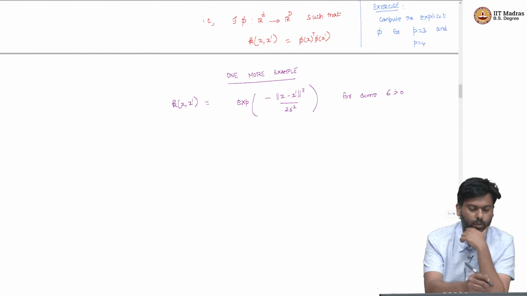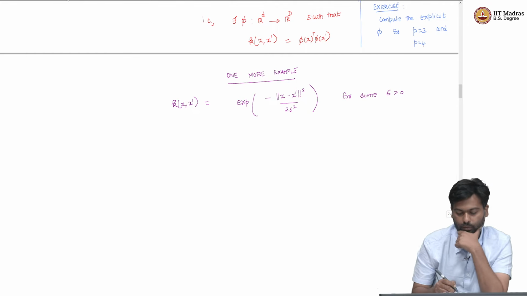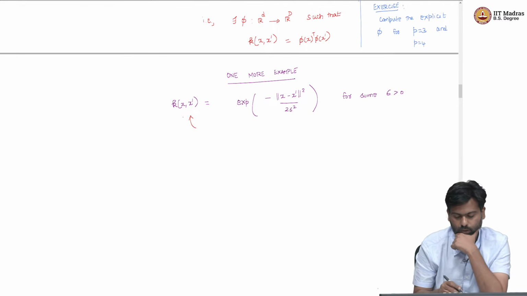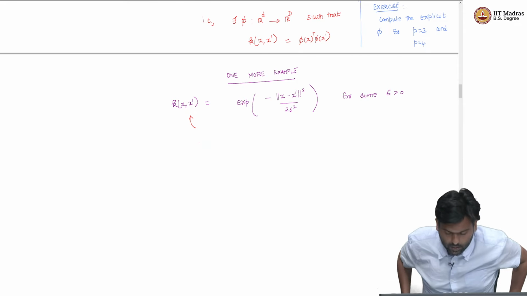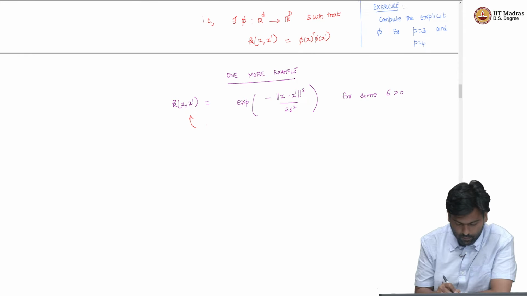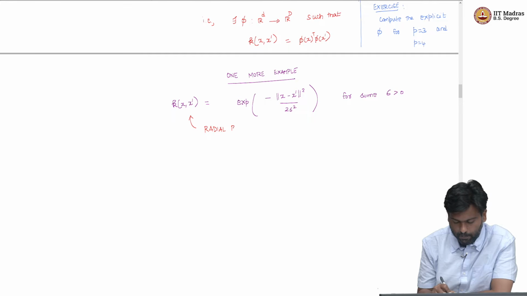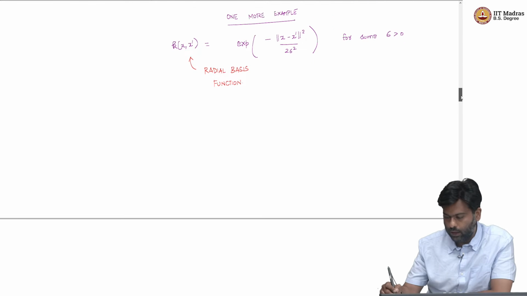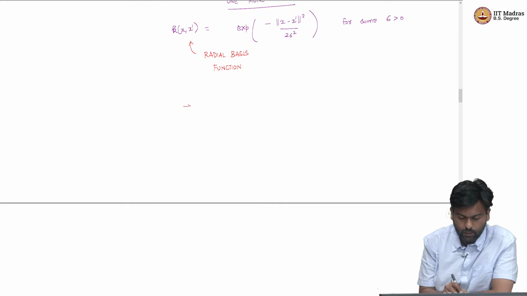This should remind you of the Gaussian PDF. In fact, sometimes this is also called the Gaussian map, but the standard term is the radial basis function. Two important points about this, right.